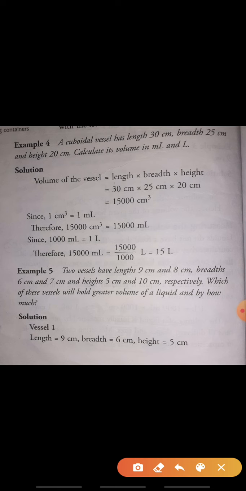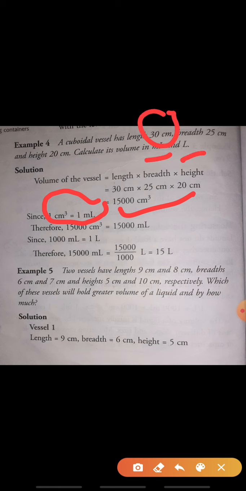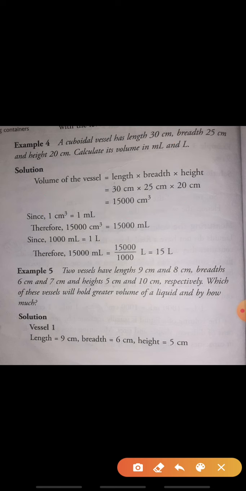Then this is a formula: 1 cubic centimeter equals 1 milliliter. This formula you have to learn. If you have to convert a thing which is written in centimeter into milliliter and liter, then you have to apply this formula. So if 1 cubic centimeter equals 1 milliliter, it's obvious that 15,000 cubic centimeter equals 15,000 milliliter.